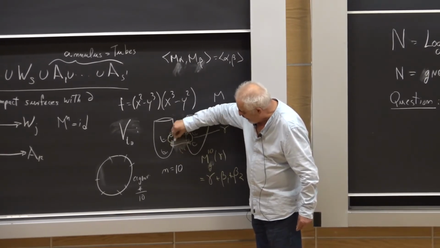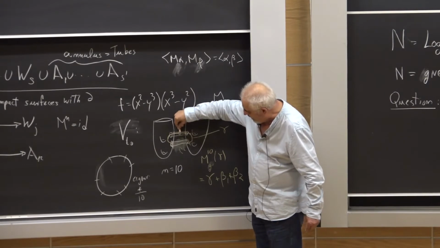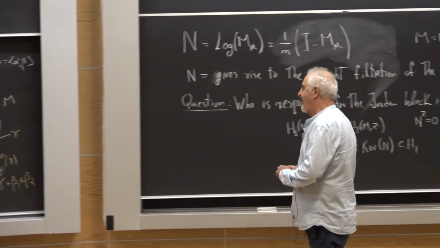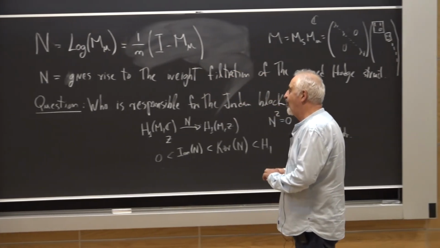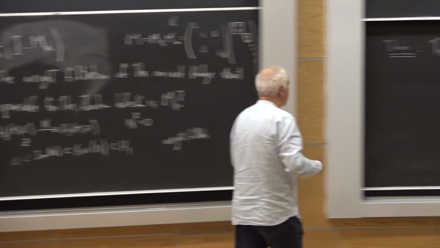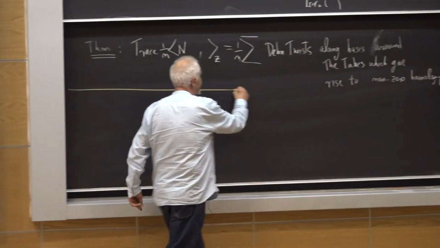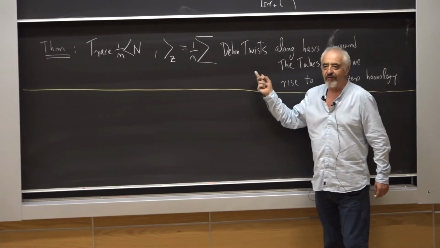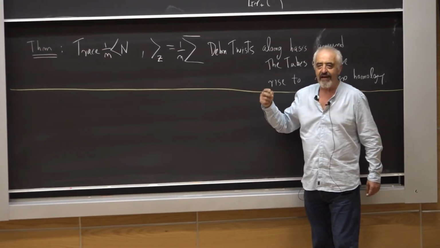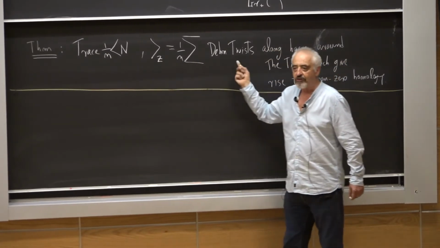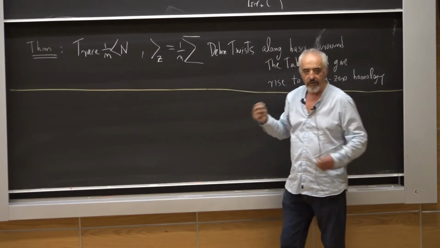You need to have that its class in homology is non-zero. So this gives a geometric interpretation in the mapping class group of an invariant of the mixed Hodge structure of the singularity.